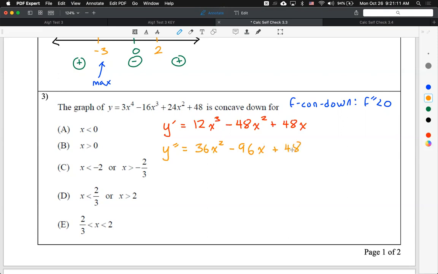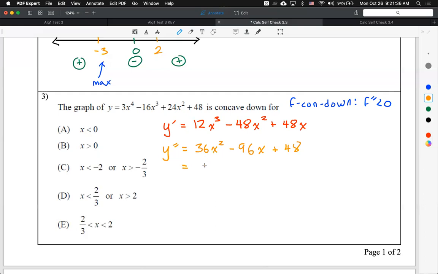Thank you. And then we need to factor this thing. Fiona, you're up. Greatest common factor. Factor it out. Two goes in all of them. 3 goes into all of them.